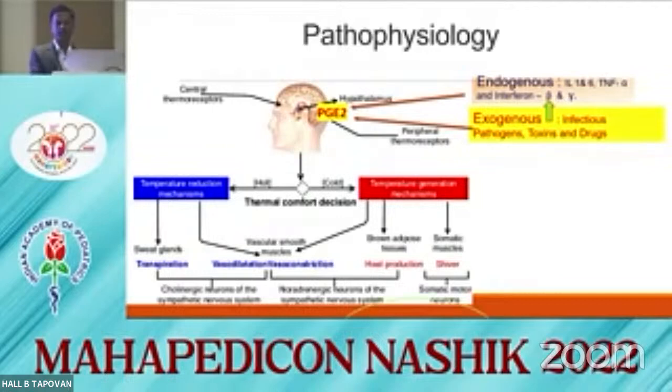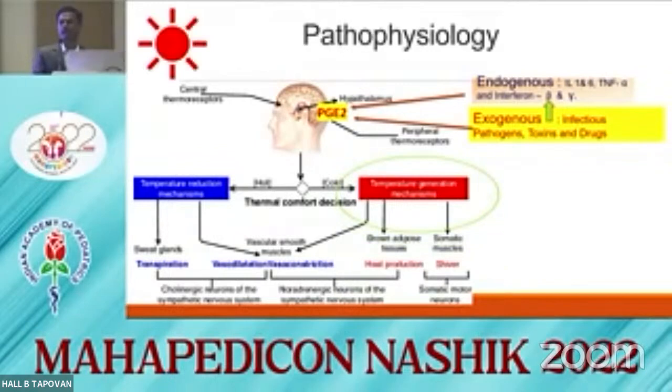But in hyperthermia cases, what happens? The environment temperature may be very high, like in the summer season, or the person is working in a very hot and humid environment. Similarly, there may be an absence of sweat glands, or no sweating in the patient, or the patient is taking some anticholinergic drug, and so there is no loss of heat from the body and the patient may get a high fever.